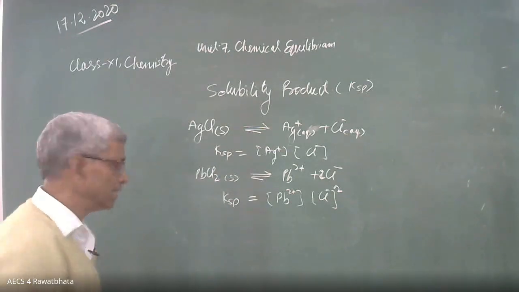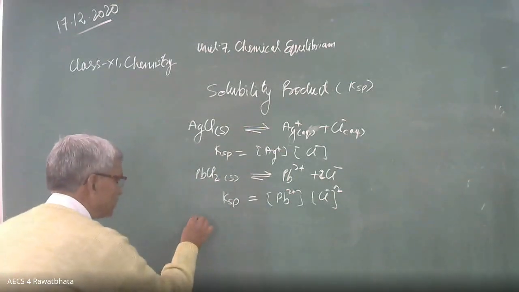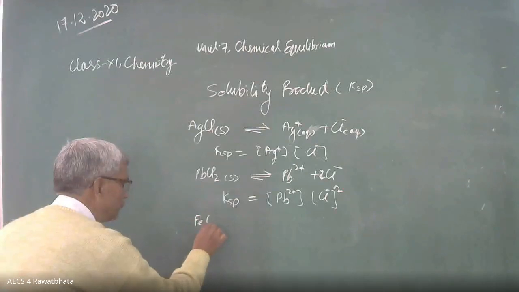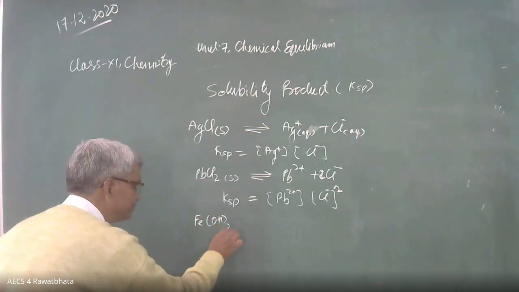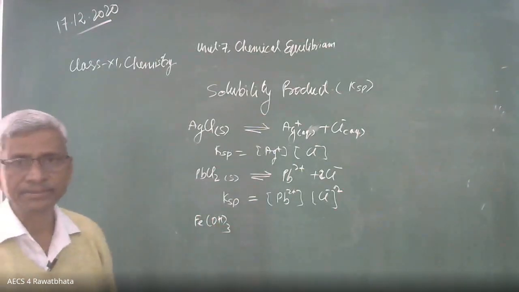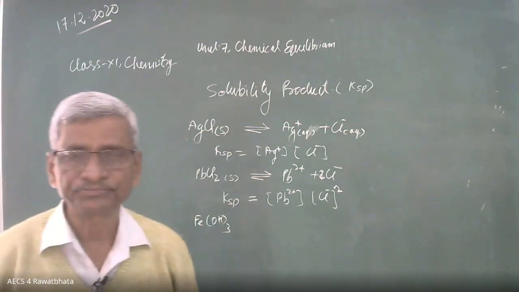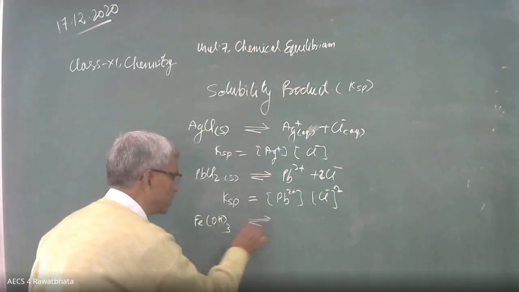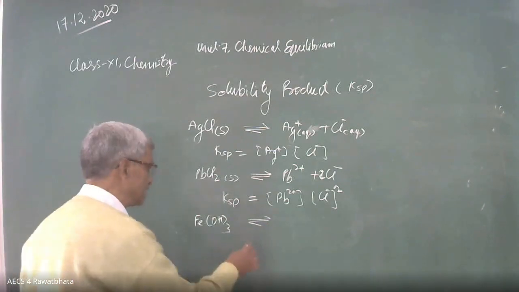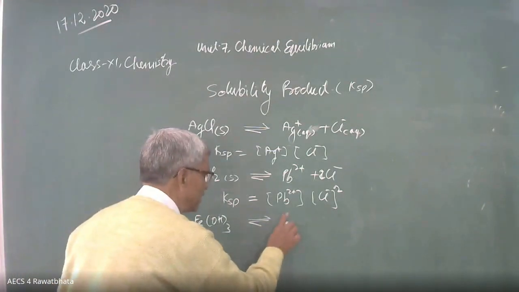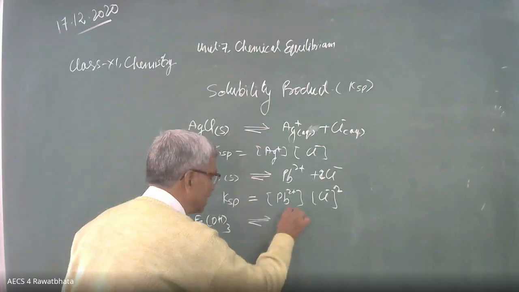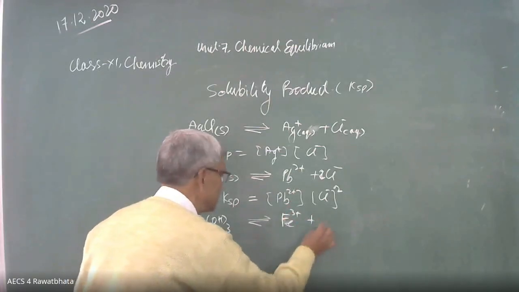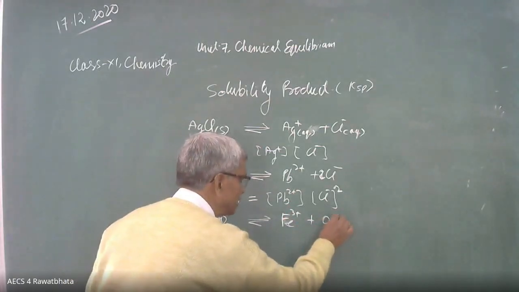Okay. If the salt is like this, ferric hydroxide, Fe(OH)3, and for this, what is the expression of solubility product? It is giving ferric ion, Fe3 positive, and 3OH minus ions.